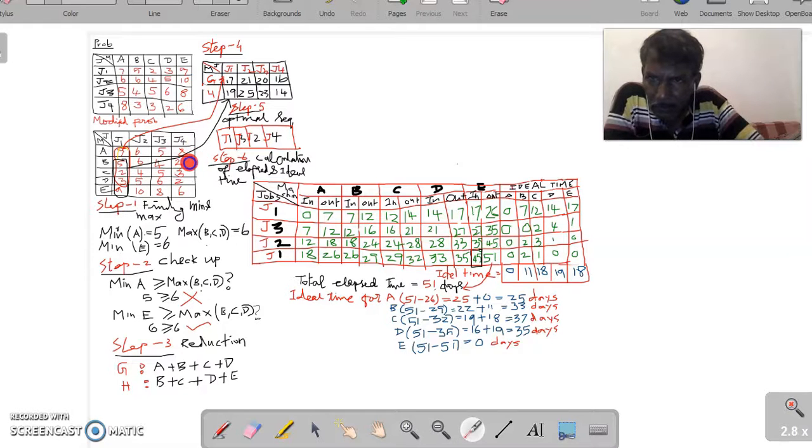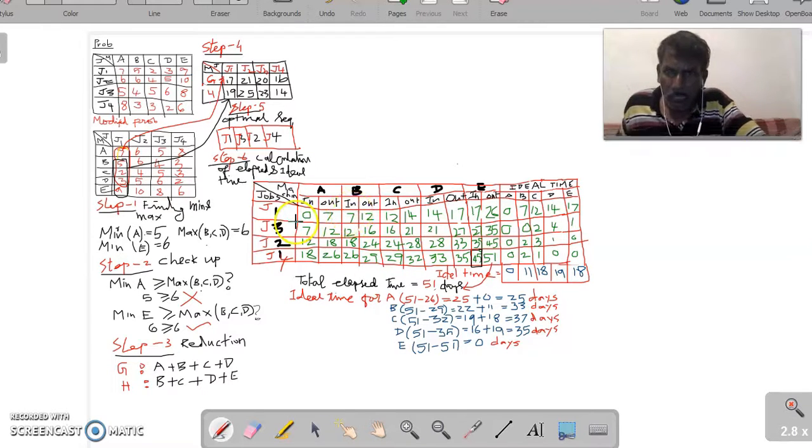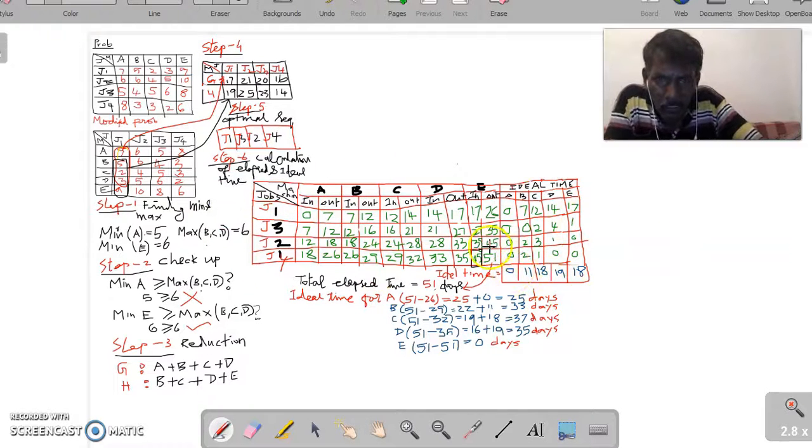J4 takes 8 days. 18 plus 8, 26. Okay, we made a mistake here. It is J4. Right. So this is the way we can calculate; the total elapsed time is 51 days.